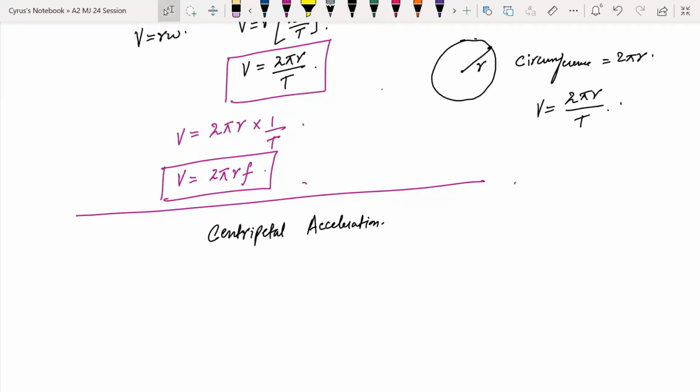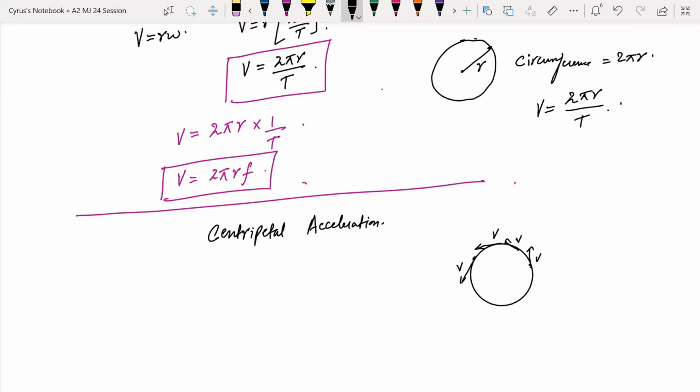You should know that if an object is moving in a circle, let's say this object is moving here in a circle, even though it is moving in a circle, it's changing its direction at every instant, although it can be moving at a constant speed.